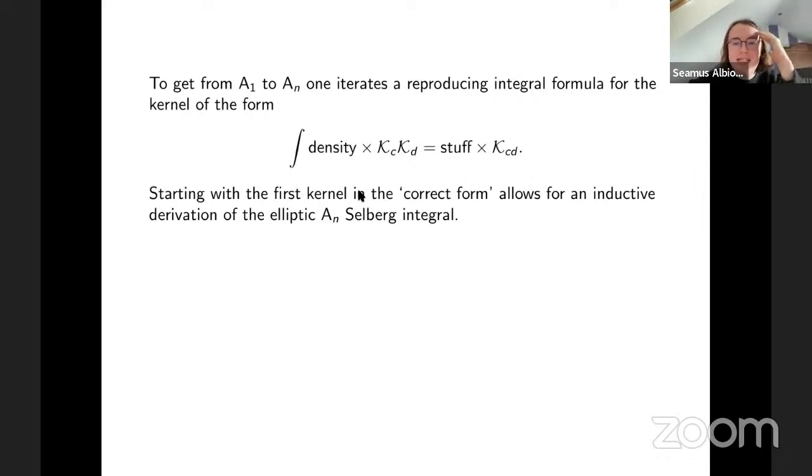It looks like I integrate a density times 2 kernels, and this equals a single kernel times some stuff. And this allows you to give an inductive proof of the elliptic AN Selberg integral. So you can do induction on the rank. And I should also say that morally, this is how Warnaar proves the ordinary AN Selberg integral. It's just that the master identities, the AN Cauchy type identities, are proved inductively in a similar way.